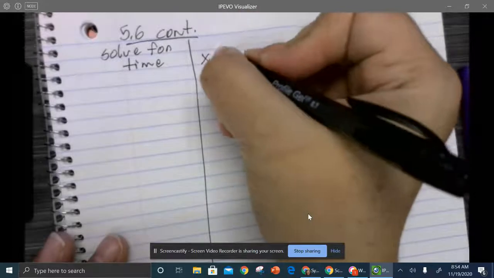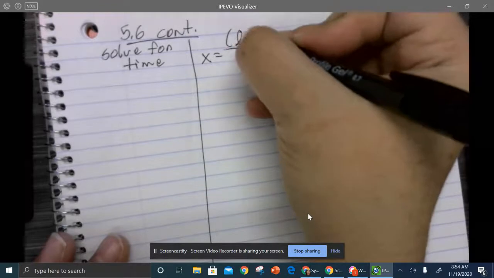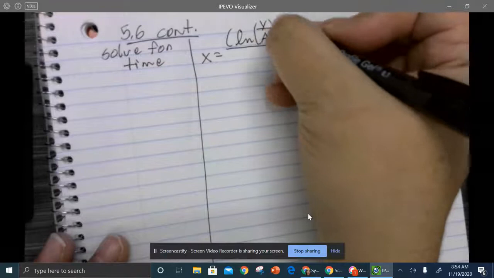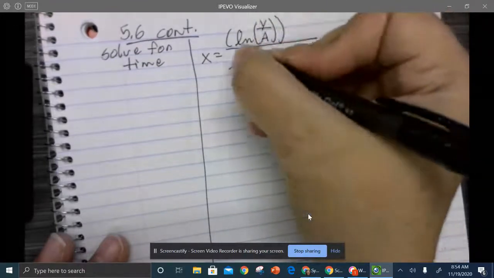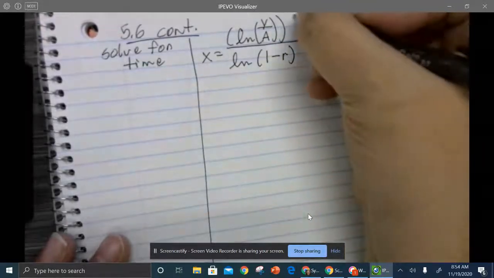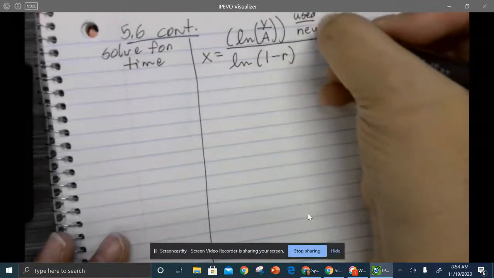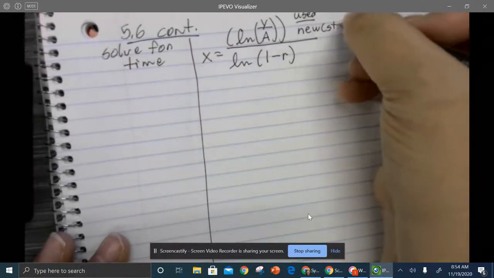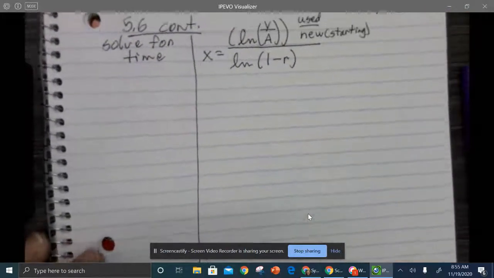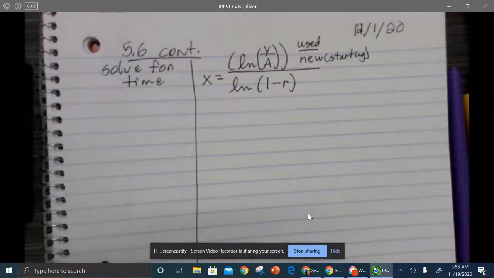The formula for this is x equals ln of y divided by a, and then over the ln of 1 minus the rate as a decimal. Remember, y is used, a is new or starting, because it could also be the amount from when you buy a used car.